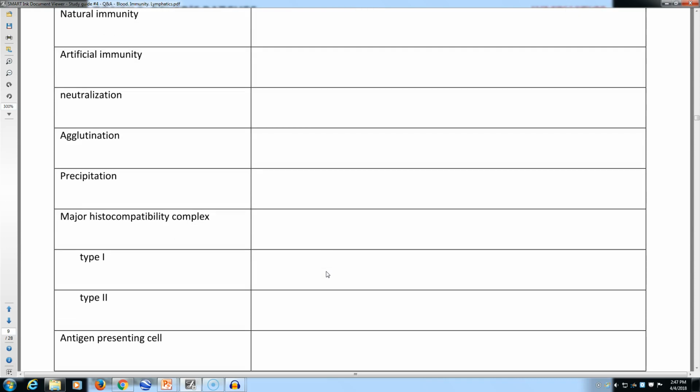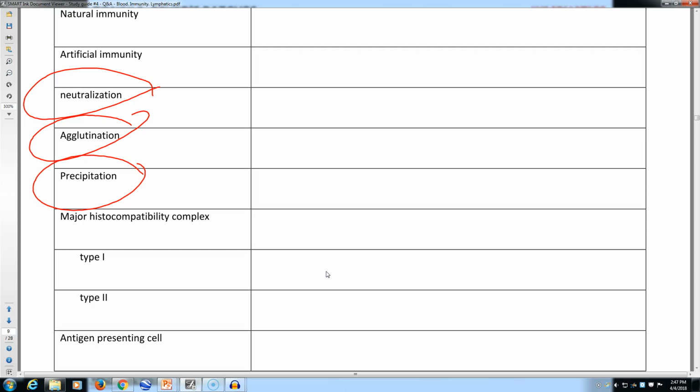Mechanisms by which antibodies work. So they can neutralize, agglutinate, precipitate, right? Can they opsonize? Yes, they can opsonize, called opsonization. So if I ask you, what can opsonize? Can antibodies do that? Yes.